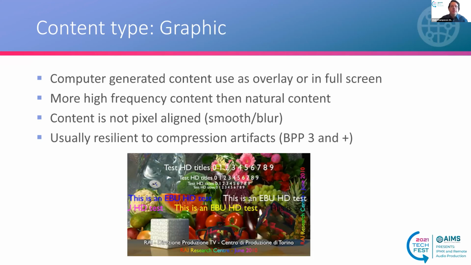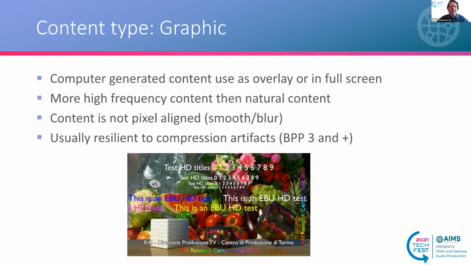The next category is graphic content. Graphic content is computer-generated graphics, which cover any type of content that is used as overlay or for animation. This category has more high frequency content than the previous category, natural.